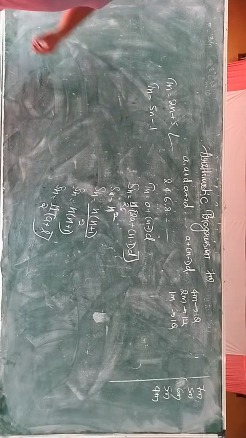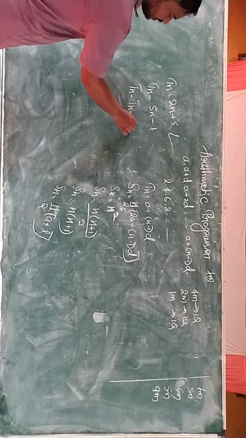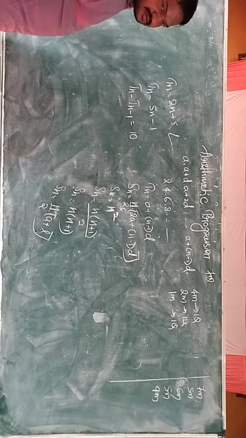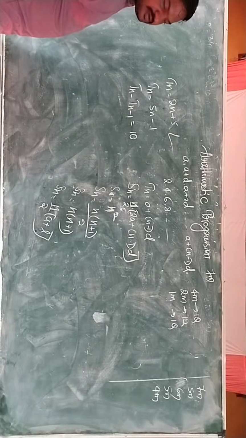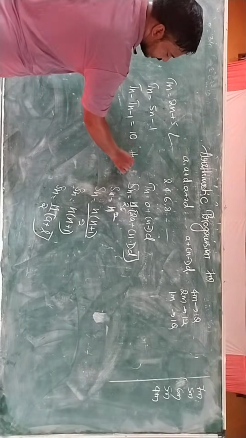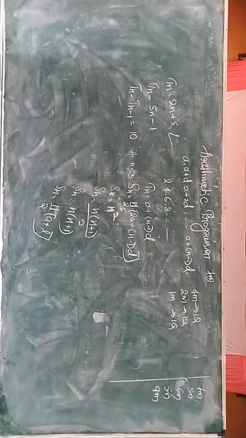Tn minus Tn minus 1 is equal to 10, and here n is equal to 3. Then find the first term.